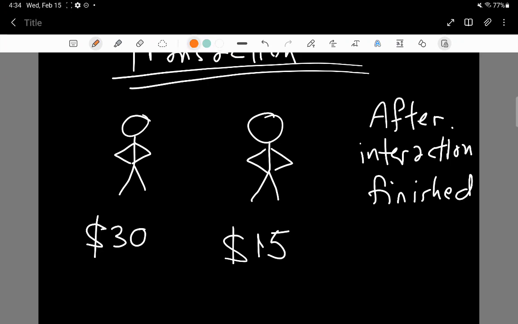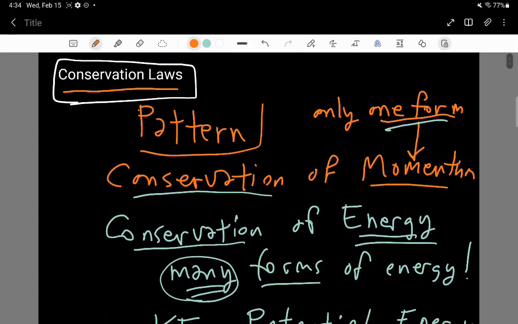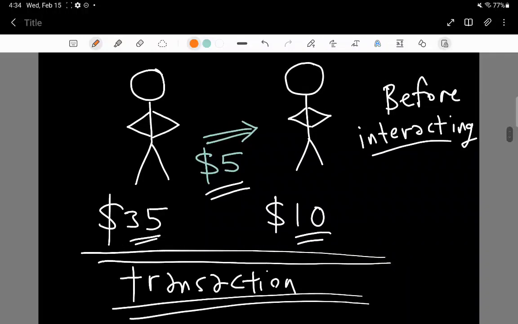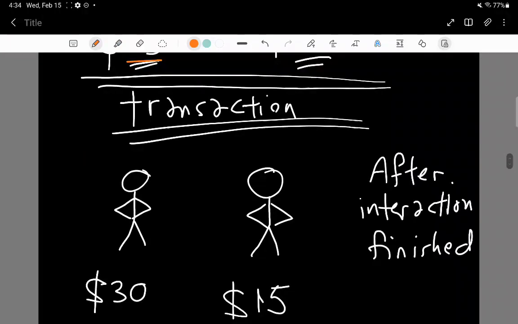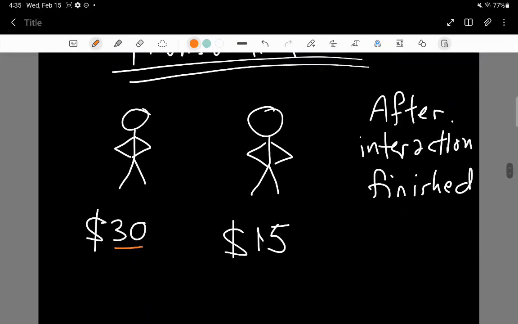You know how to think about money. The reason that you know how to think about money is money has a certain pattern. And the pattern is this. It is always going to be true that if a person has $35 and they lose $5 of it, what they end up with is $30. And it's also true that if somebody has $10 and they gain $5, they end up with $15.